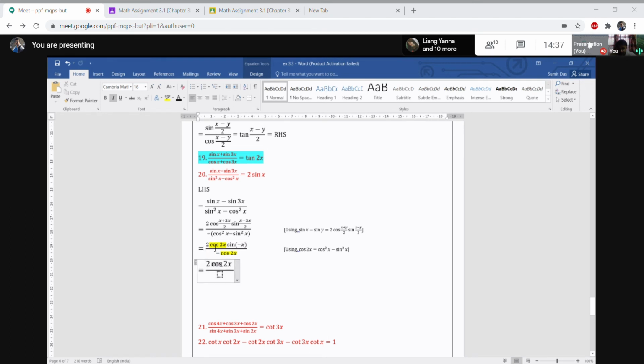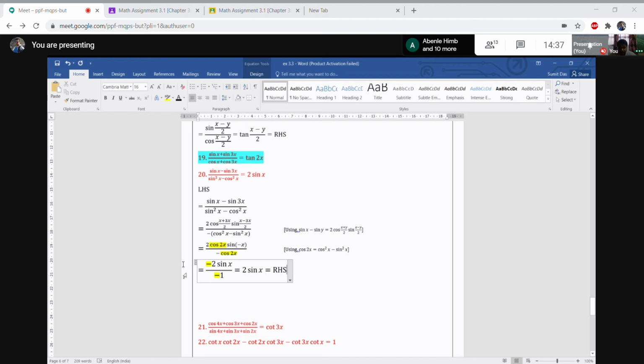On the numerator it will remain sine minus x, and we know that is minus sine x, so the numerator will be minus 2 sine x and the denominator will be minus 1. So this minus and this minus cancel, right? So this will be equal to 2 sine x, and I hope this is what we have to prove.